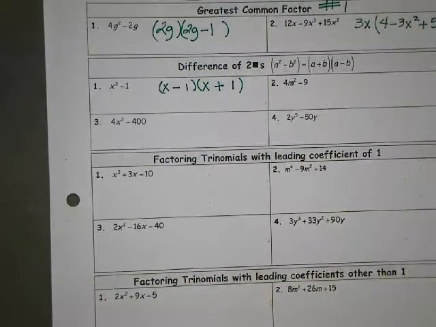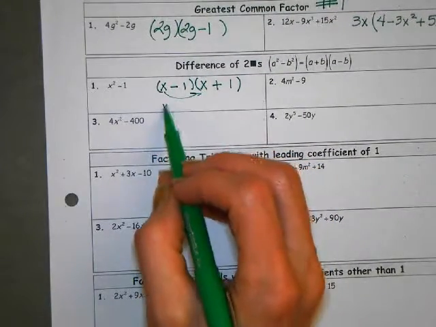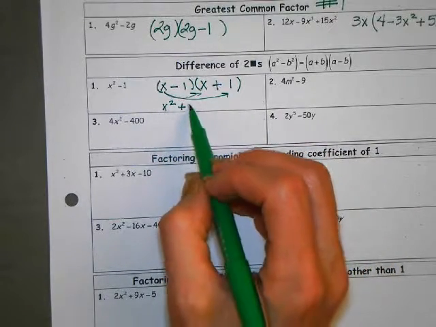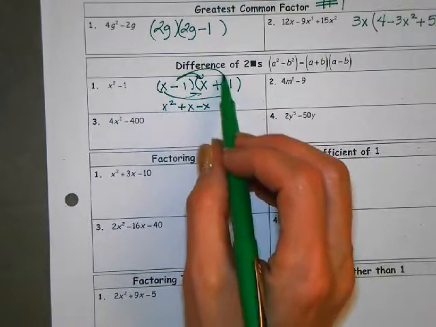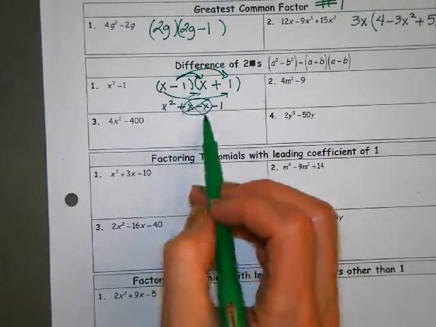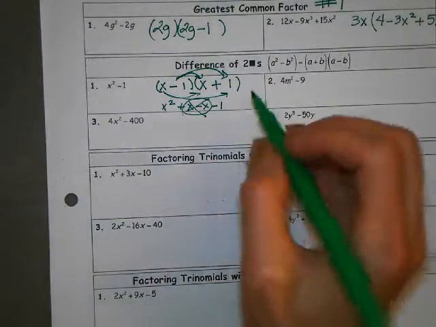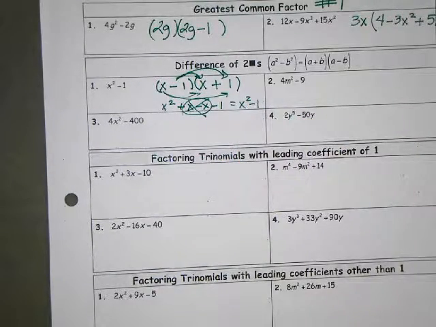And the reason why this works is if I do the distributive property, I get x times x is x squared, right? I'll get an x times 1, which is plus x. I'll get a negative x, and then I'll get a negative 1. My middle terms cross out, because a positive and a negative equal 0, right? So in the end, that ends up being x squared minus 1.